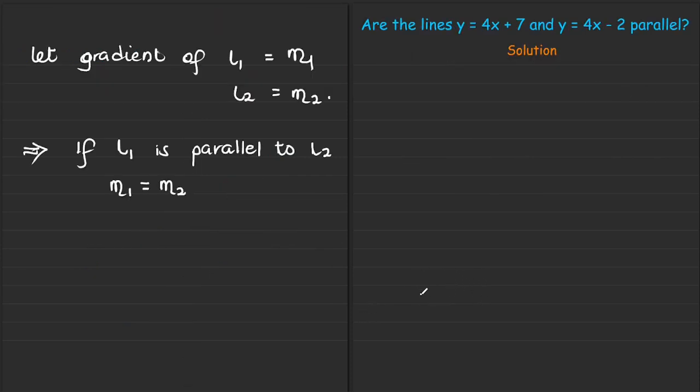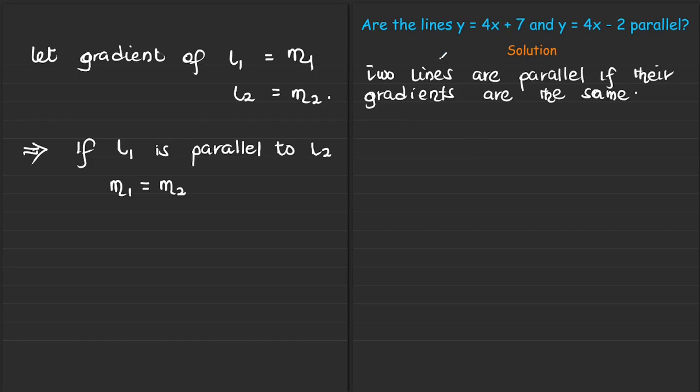For our very first question, it says, are the lines y = 4x + 7 and y = 4x - 2 parallel? How do we know if two lines are parallel? From our conditions, if we want two lines to be parallel, then their gradients must be the same.